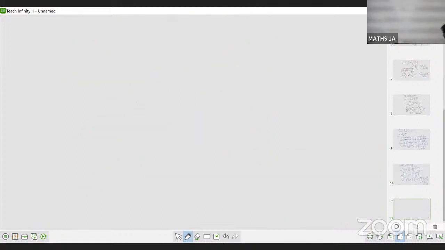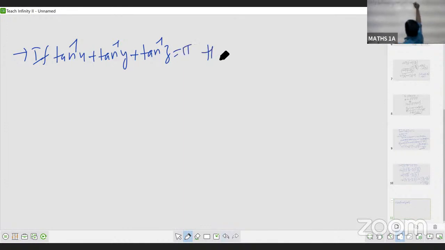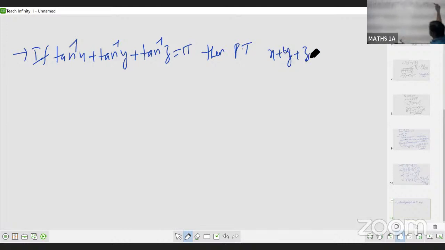Okay. If tan inverse x plus tan inverse y plus tan inverse z is equal to pi, then prove that x plus y plus z is equal to x y z.